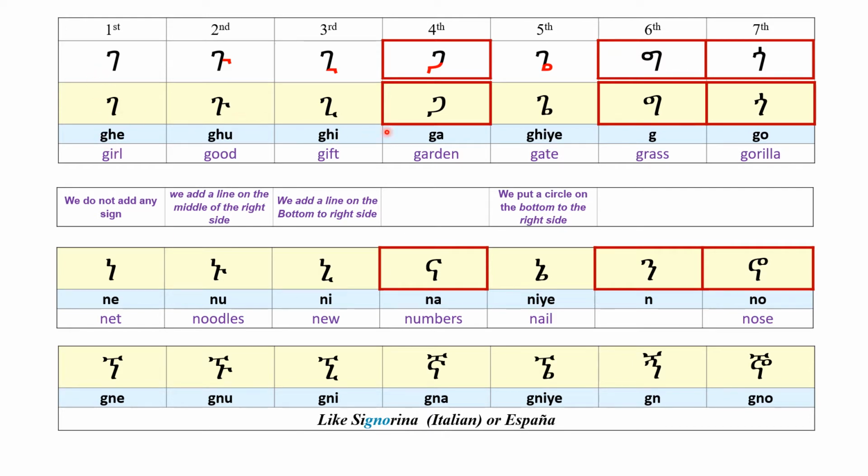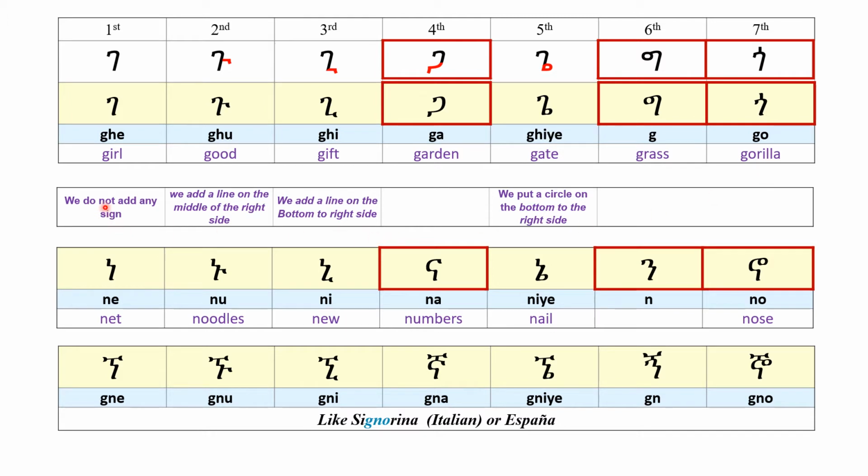The pronunciation in English is Ge like girl, Gu like good, Gi like gift, Ga like garden, Gie like gate, G like grass, Go like gorilla.